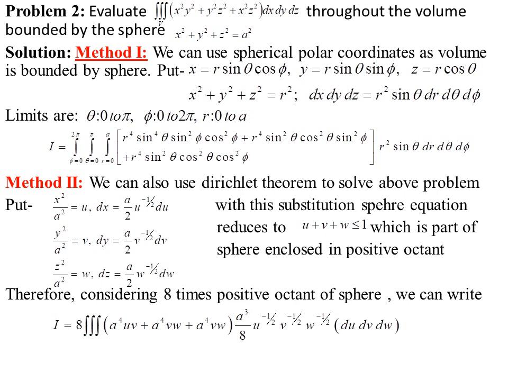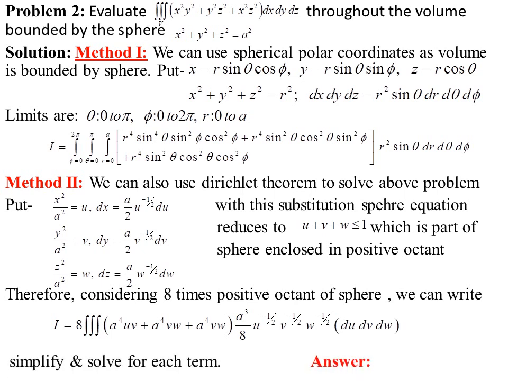Now the term outside the bracket, the u v w raised to minus half term, we multiply with each term inside the bracket. So we are going to get 3 triple integrations here, and now each of these triple integrations is in terms of Dirichlet form. So the Dirichlet theorem can be used here directly, as it meets the condition u plus v plus w less than or equal to 1.